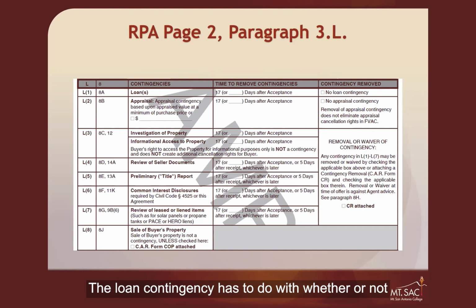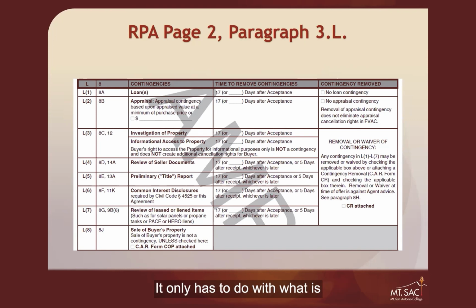The loan contingency has to do with whether or not the buyer qualifies for the loan. Has nothing to do with the appraisal. Has nothing to do with the appraised value. The appraisal contingency has nothing to do with the buyer's credit or the buyer's income. It only has to do with what is this property worth.